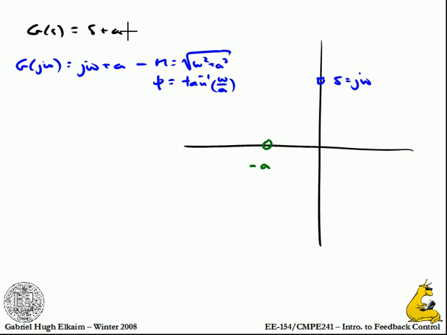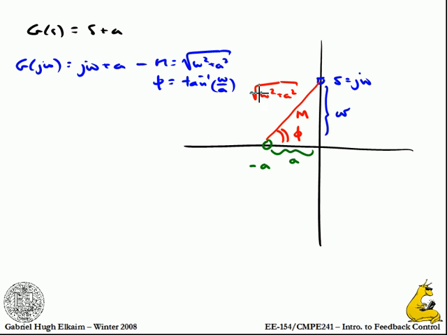Now, this height right here is omega. This distance right here is a. What is that length? That is the square root of omega squared plus a squared. This is M. What is this angle? Arctangent omega over a. Hey, that's pretty cool.